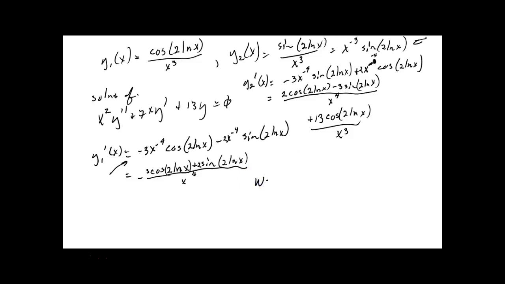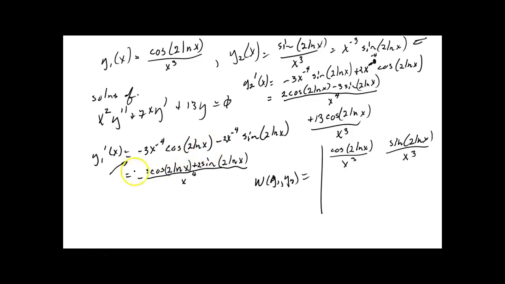The Wronskian of these functions, y1 and y2, is going to be the determinant of y1, that's cosine 2 log x over x cubed, sine 2 log x over x cubed, over the derivatives, which really stink here.